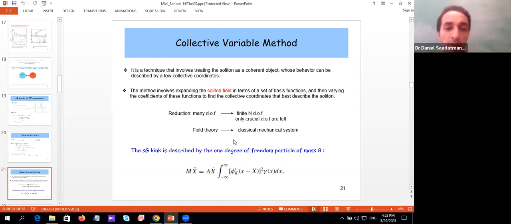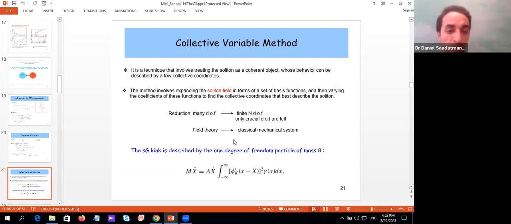One of the powerful analytical models which can be introduced is the collective variable model. In the collective variable model, we introduce collective variables to the soliton field, and we put the soliton fields into the Lagrangian and extract the equation of motion from the Lagrangian. In fact, by the collective variable method, we can test the validity of our numerical simulation.